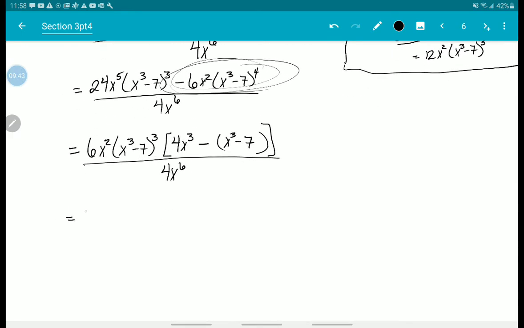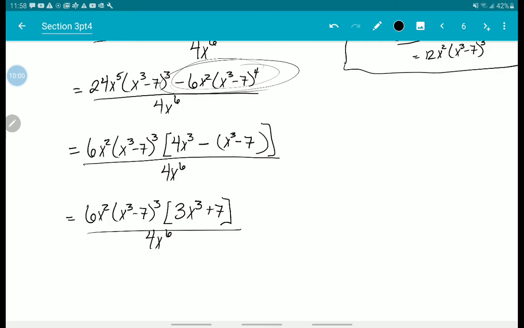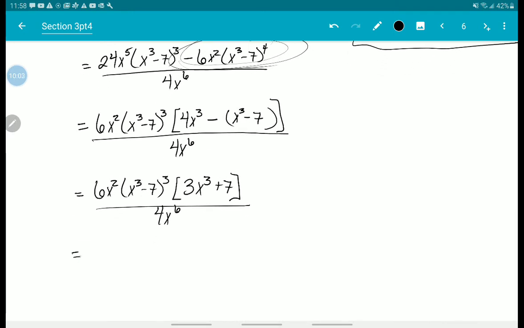So I have 6x squared times (x cubed minus 7) to the third times 4x cubed minus x cubed is 3x cubed. Distribute, and you're going to have a plus 7 there. And then finally, we can reduce this just a little bit more.